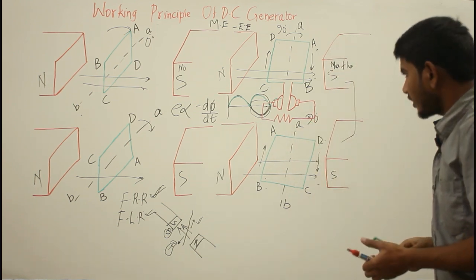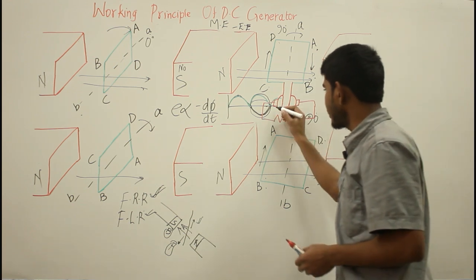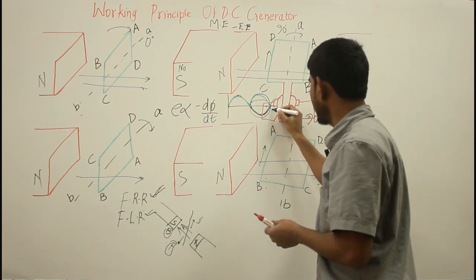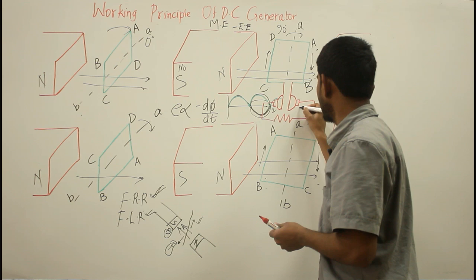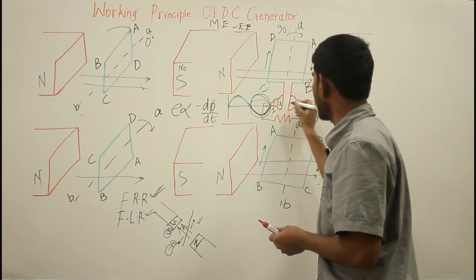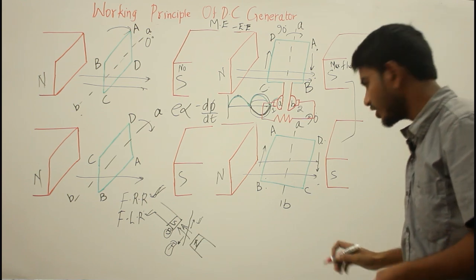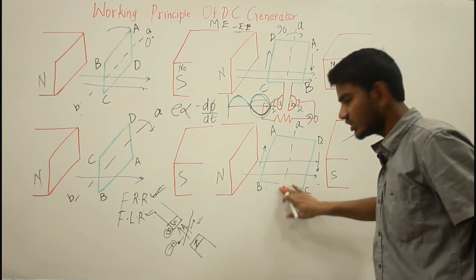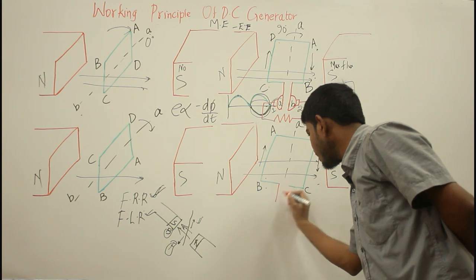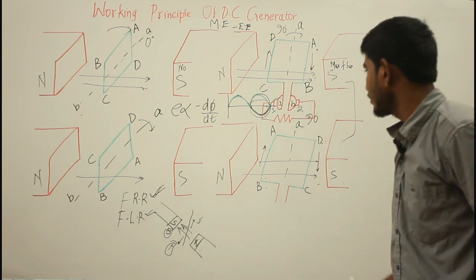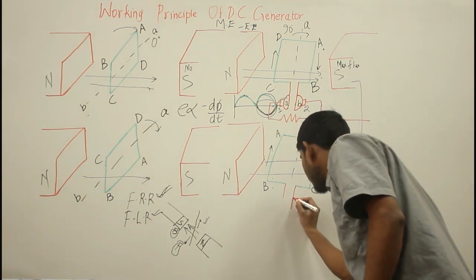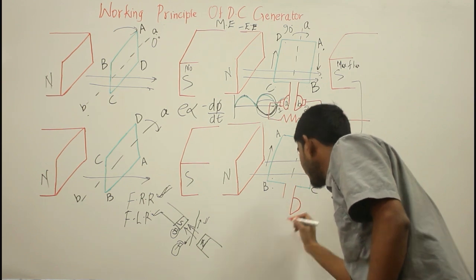So if I say this is brush 1, and this is brush 2, and this is A, and this is B. Similarly, let me connect my two commutator segments here, basically to alter the direction of the reversing current.